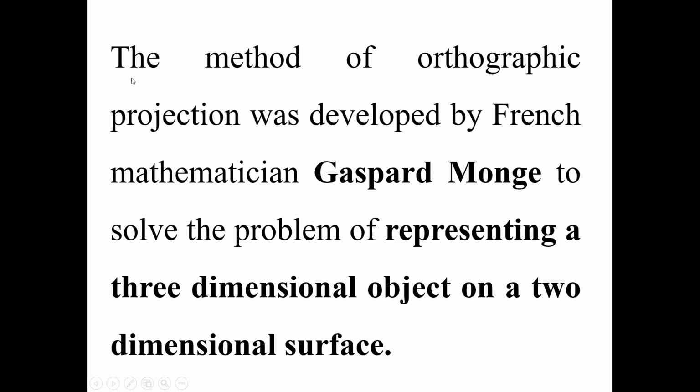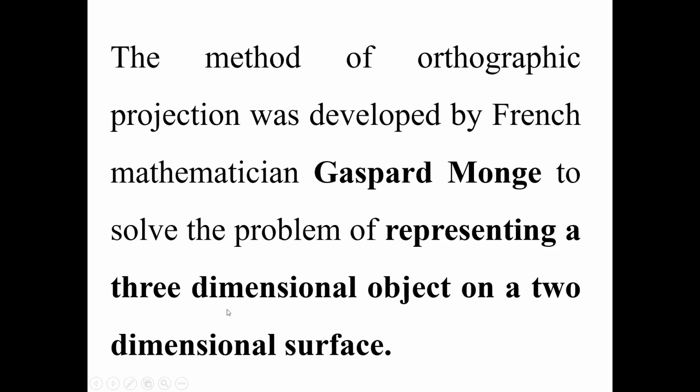As you can see, the method of orthographic projection was introduced by a French mathematician, Gaspard Monge, to solve the problem of representing a three-dimensional object on a two-dimensional surface.